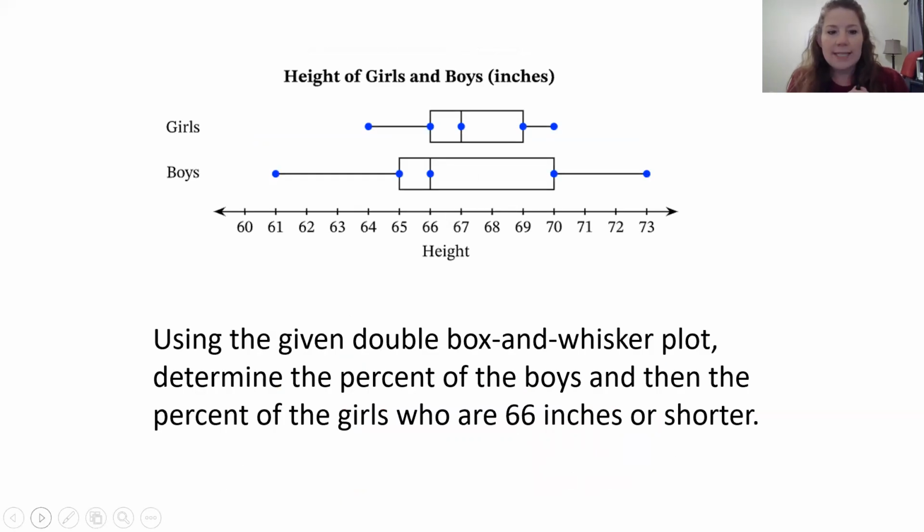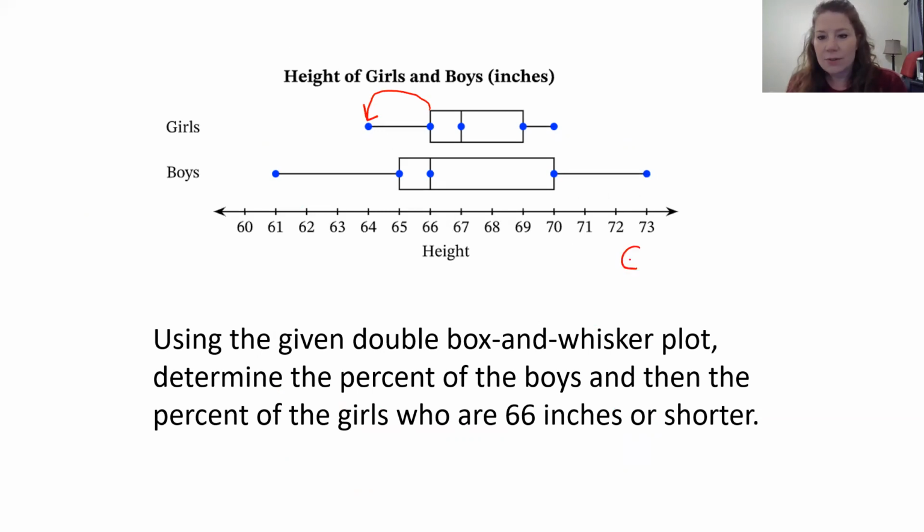All right, so it says using the given double box and whisker plot, the same data here, determine the percent of boys and then the percent of girls who are 66 inches or shorter. So the percent of girls that are 66 inches or shorter is 25.